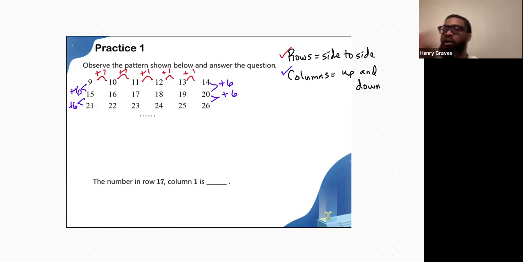So there's a little formula I like to show you guys. It's called arithmetic. And arithmetic obviously is when you're adding or subtracting numbers.